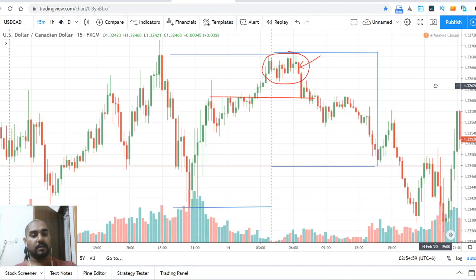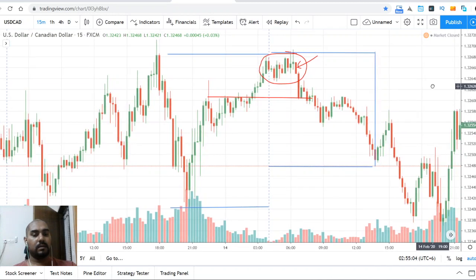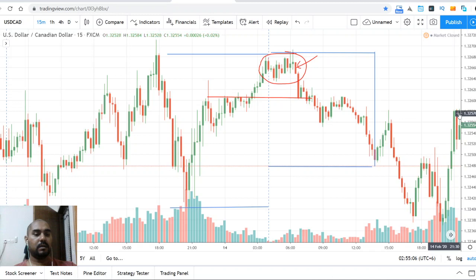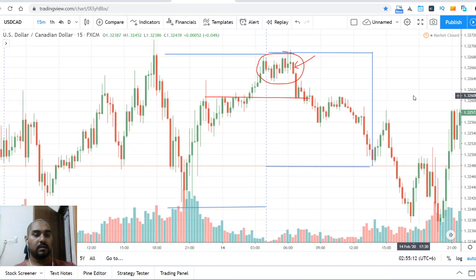Okay, let's see if it holds up there or comes back in. Okay, this is a hard candle. Let's see if it holds here. If it's holding here, then is this turning me into a buyer?